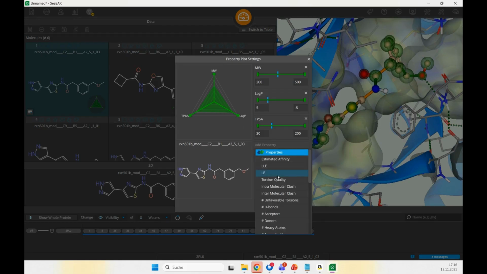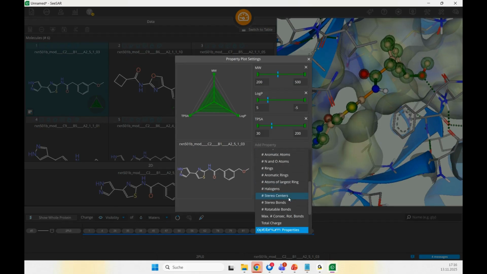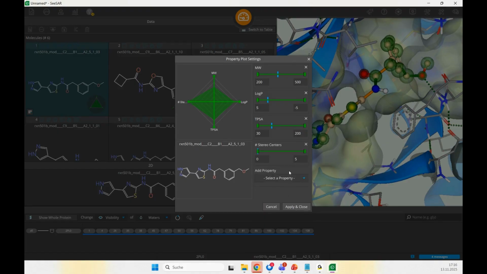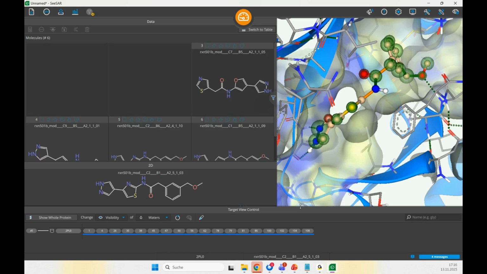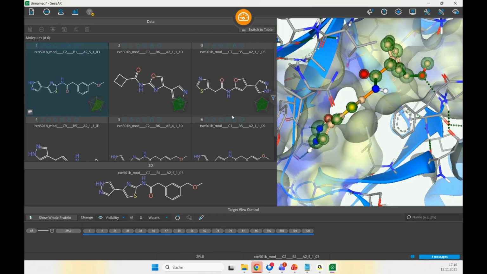I allow only one, otherwise it will be a bad compound. I like only two stereo bonds, and basically you get then a nice visual assessment of parameters that are of interest to you. So also again, for a quick check, subsequent post-processing, nice to play around with.